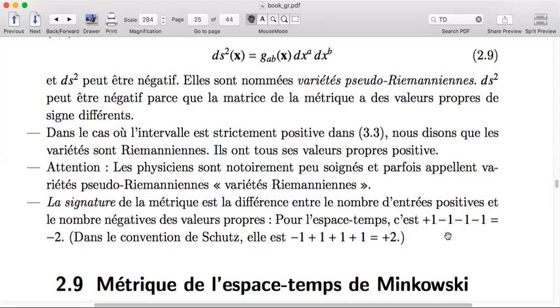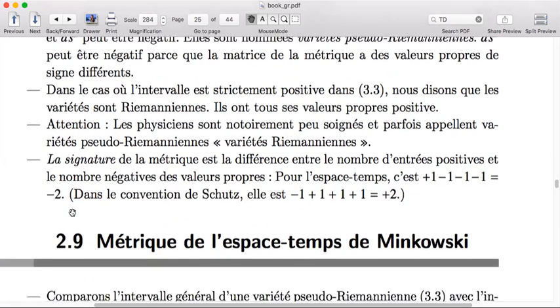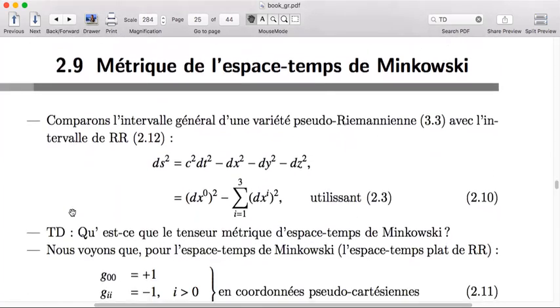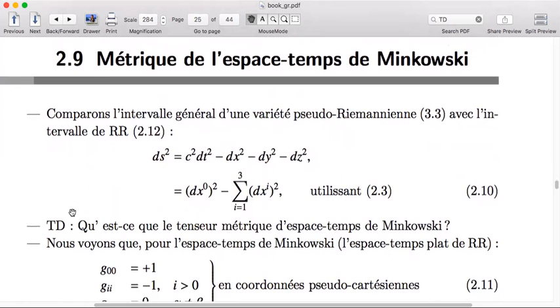That's the key piece of information that this signature is encoding, and that's all I ask you to know about that. It's kind of obvious, and it's familiar from special relativity, and that generalizes to general relativity.